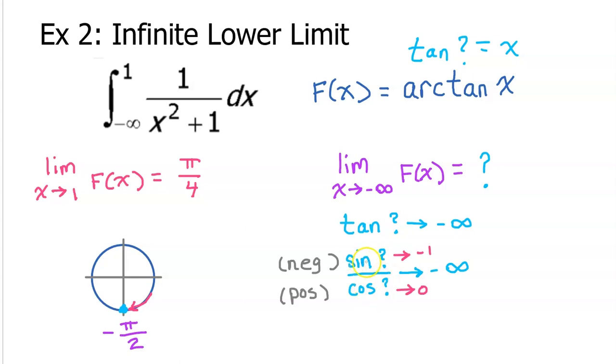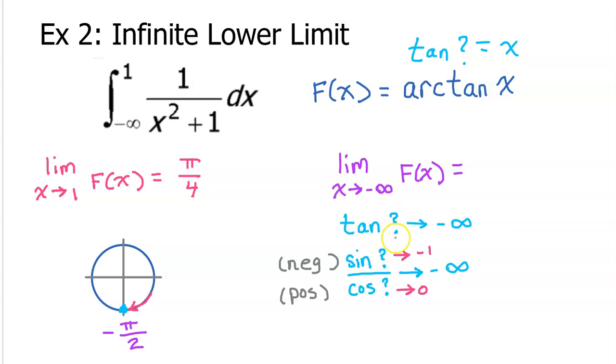Well, the sine function is approaching negative 1, so the numerator is negative. Cosine is approaching 0, but it's approaching 0 from the right. We are always on the right-hand side of the unit circle where the x values are positive. Since a negative divided by a positive is a negative, we are approaching negative infinity.